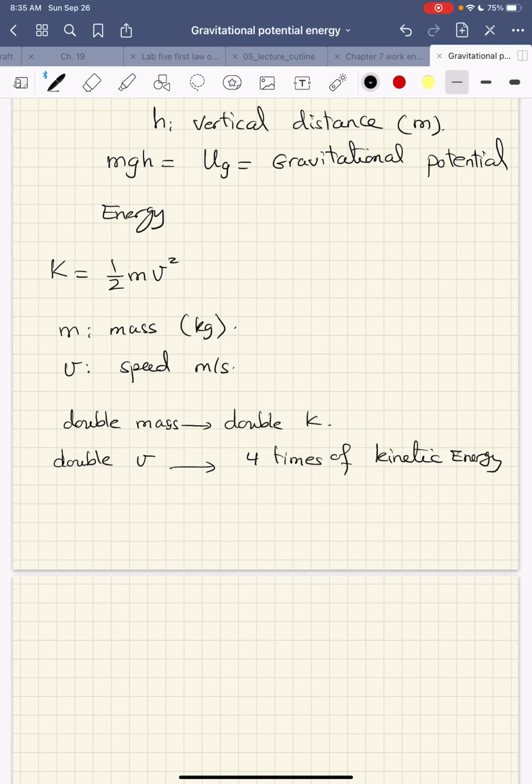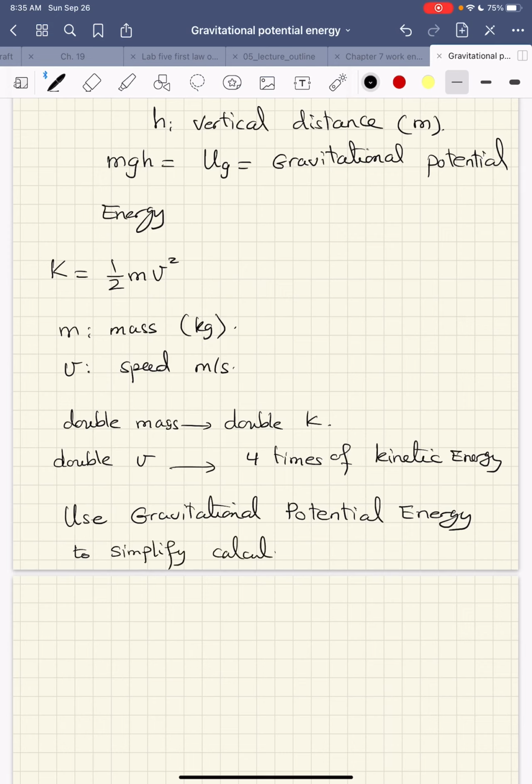Now we can use gravitational potential energy to simplify calculations.